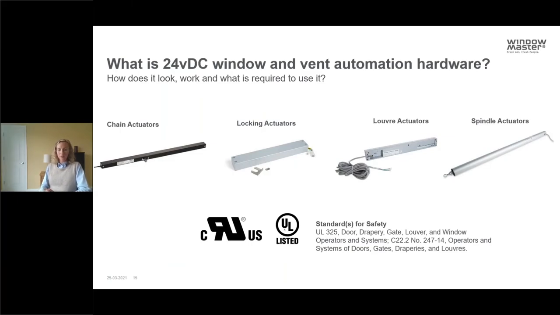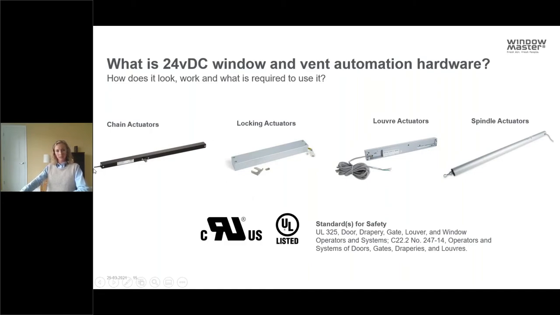So before we talk about concealed and surface mounted, I want to just introduce you a little bit to these devices called actuators. Now, again, some people might also call these devices motors. Actuators, motors, same thing, at least in most people's cases, but typically I use the terminology actuator. And these are all low voltage actuators, so 24 volt DC.